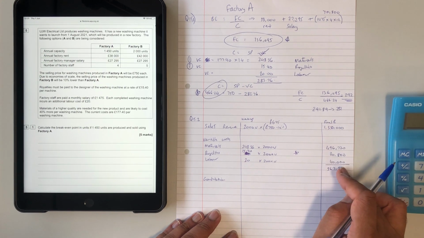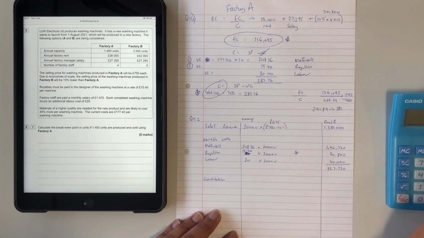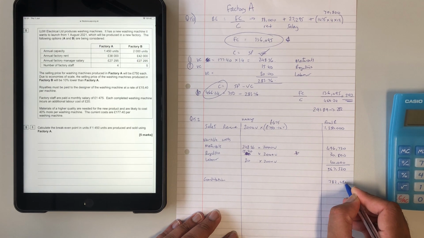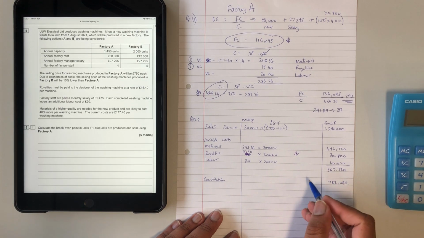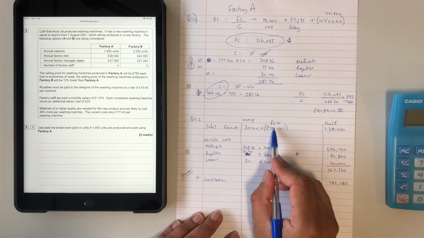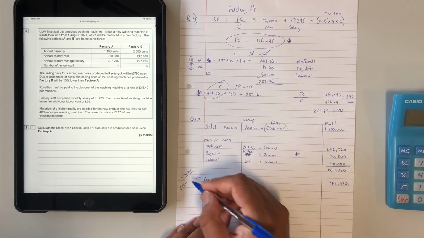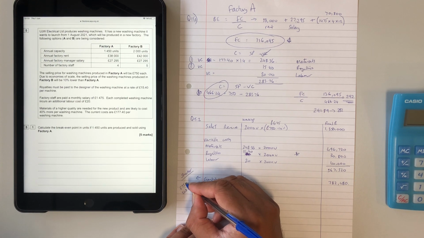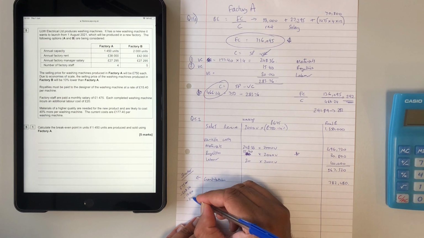Contribution is sales minus variable costs: 1.35 million minus 567,520 equals 782,480. Now, like I said, the shorter method would be 675 minus 248.36 minus 15.40 minus 20.